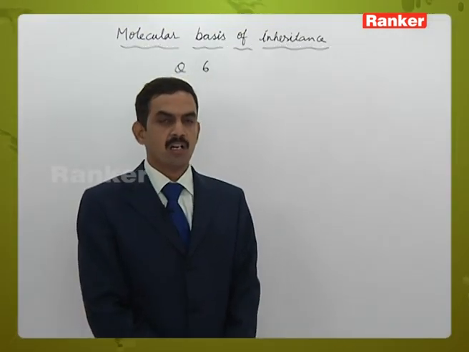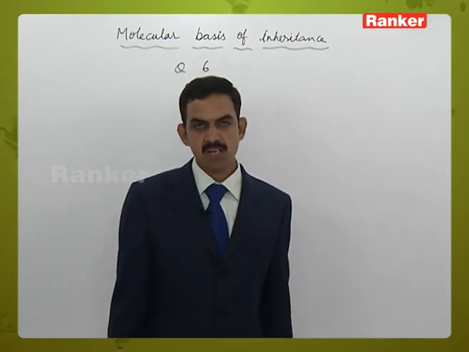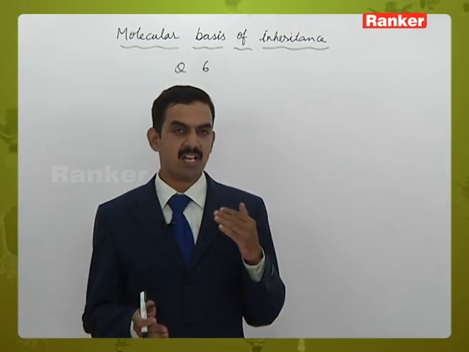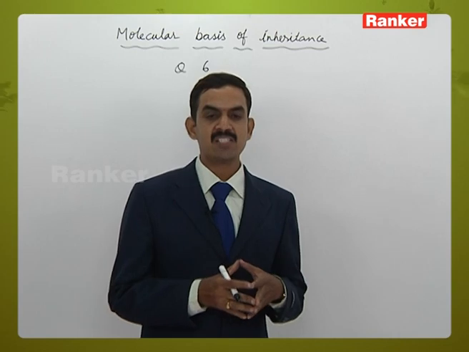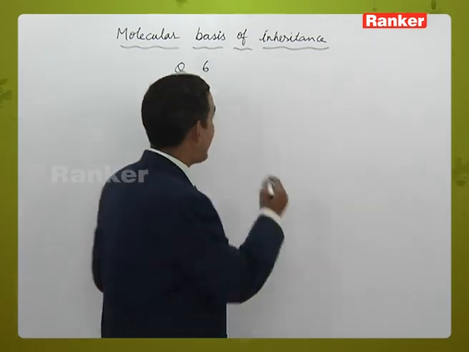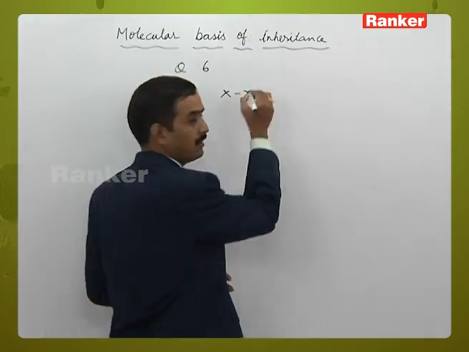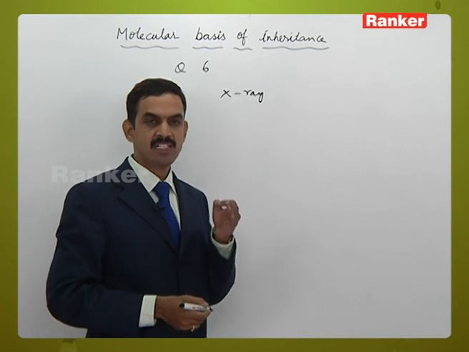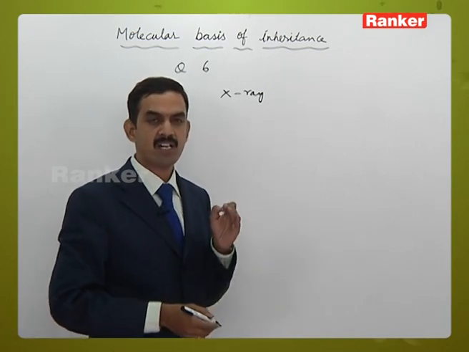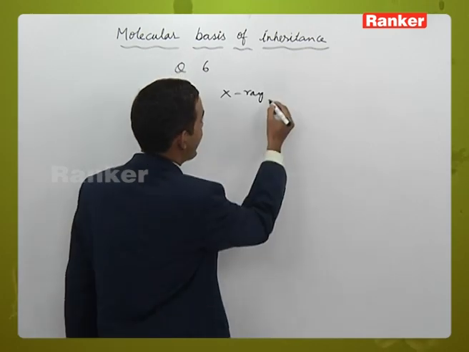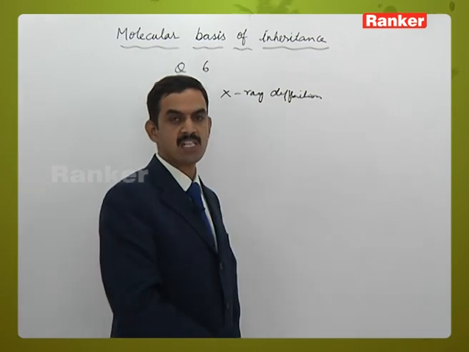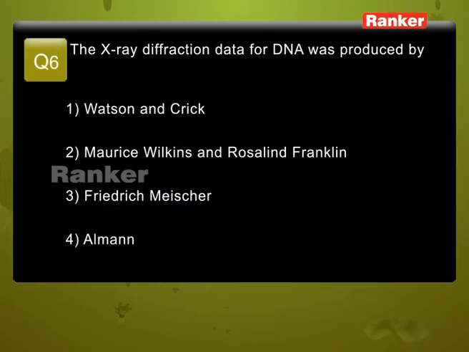So here we know that the double helical model was proposed by Watson and Crick, but the people who helped them in studying that structure are Wilkins and Franklin, because they had gone for X-ray diffraction data, which helped Watson and Crick in proposing the double helical model. So X-ray diffraction for DNA was produced by the scientists Wilkins and Franklin. So question number 6, the correct answer is 2.